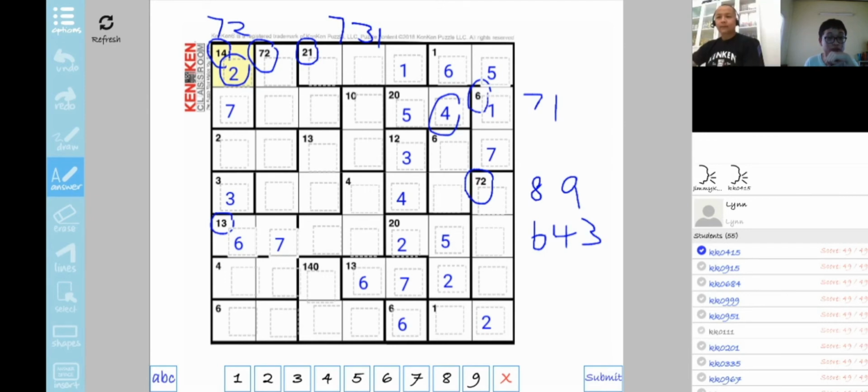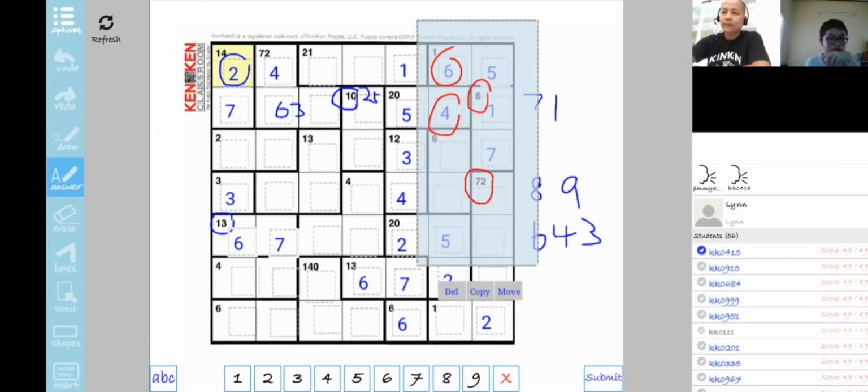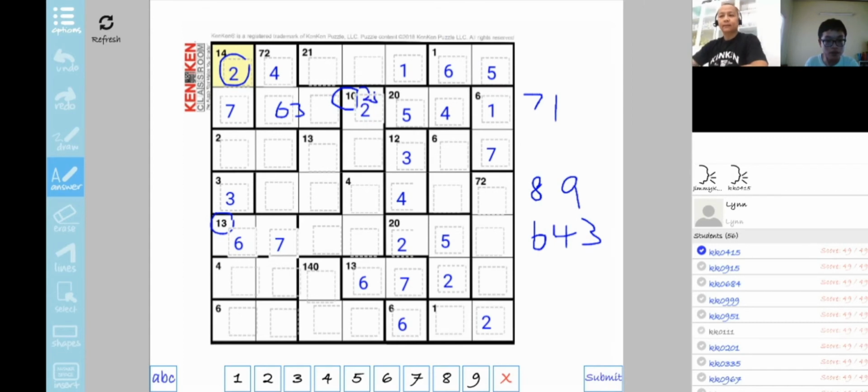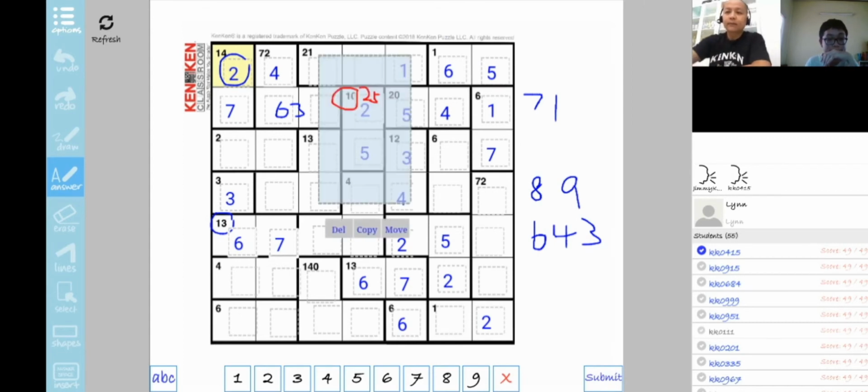So since for this multiply 72, there's a 3 here and a 6 here, so it can only be 4 here. And then a 6 and 3 here. So at this 10, there's only one choice left, which is multiplication, and it is 2 and 5. So it's 2 here, 5 here.